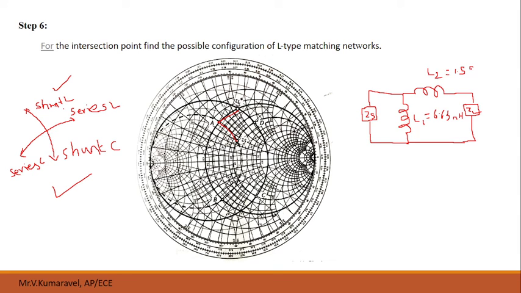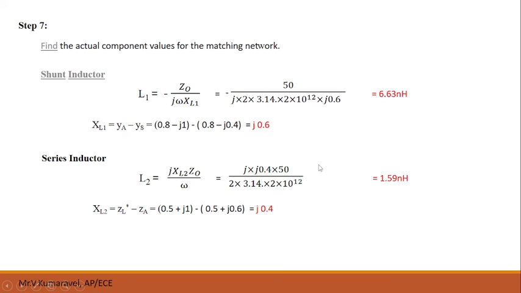Now we have obtained the required matching network. Similarly, we can find other combinations also, because we have various points, that is B, C and D. Through B, C and D also we can find the matching network in a similar manner.